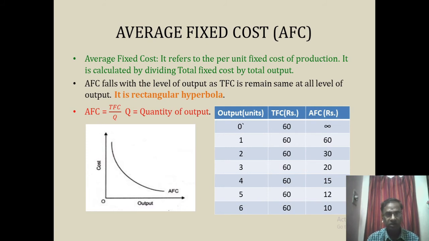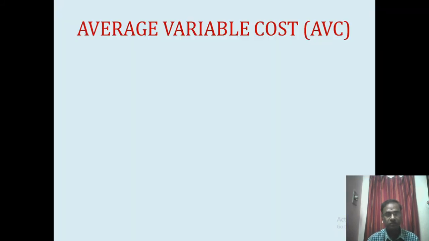So it is a rectangular hyperbola. That is, it is equidistant with both the x-axis and y-axis. This AFC falls when the level of output increases, the reason is TFC is constant.